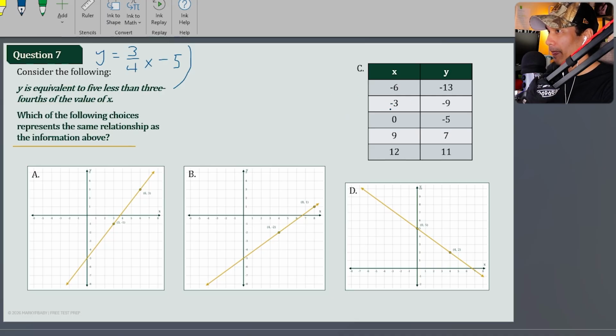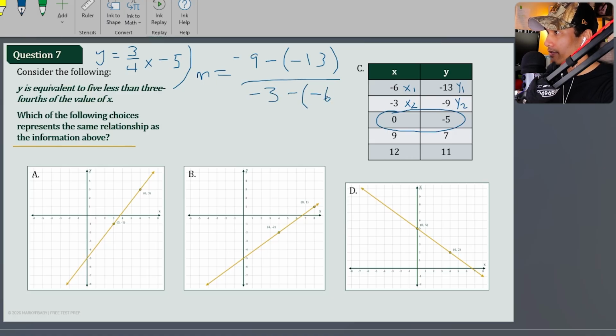And C, I do see that the y-intercept is at 0, -5, which is great. But let's just further audit this table by finding the change, which is the slope. So I'm going to choose this one as y2, and this one as y1, and then x2, and then x1. So I'm going to go -9 minus 13 over -3 minus -6.